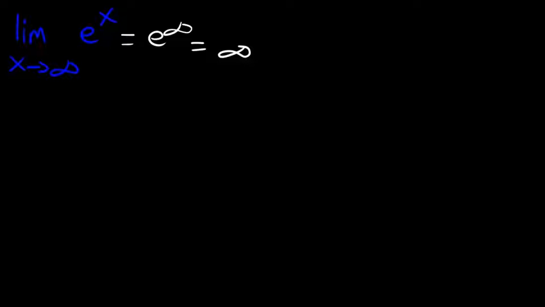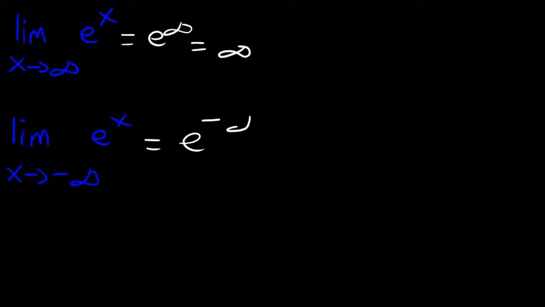What of the limit as x approaches minus infinity for e to the power x? For this also, if you try direct substitution, you are going to have e to the power minus infinity.